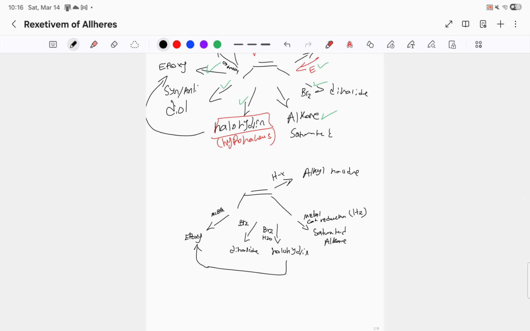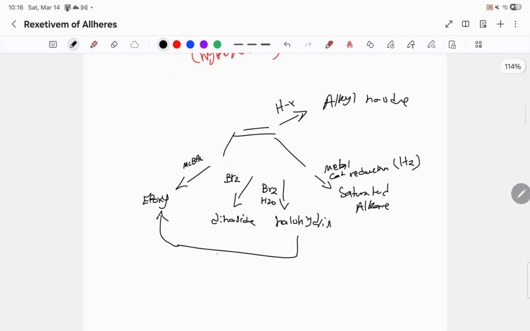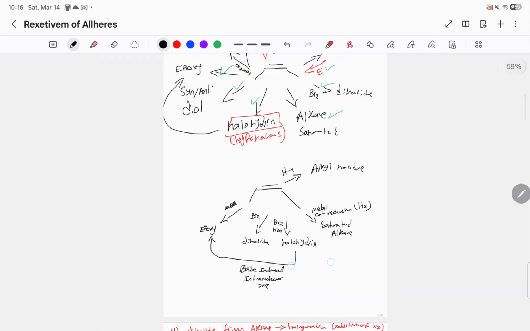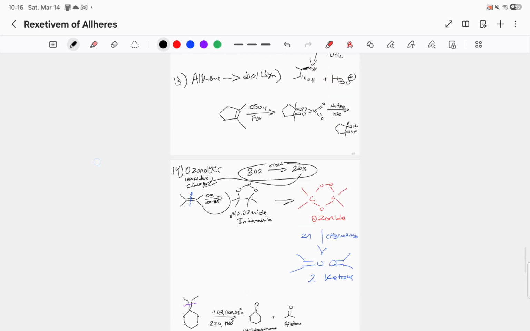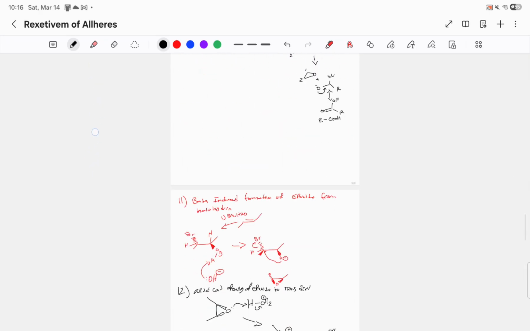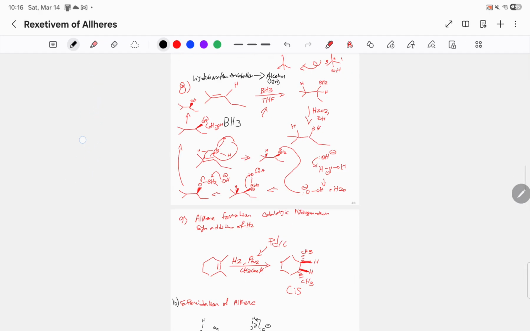So I will actually deprotonate one of my halohydrins, by way of base-induced intramolecular SN2. And if you remember, we took a look at the mechanism somewhere. There it is, base-induced formation of epoxide.